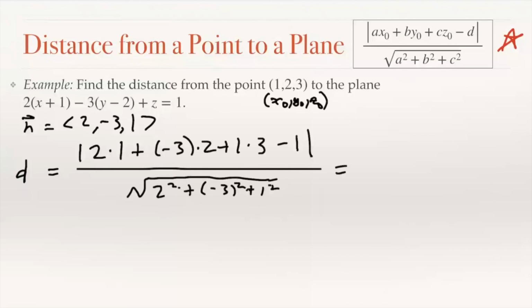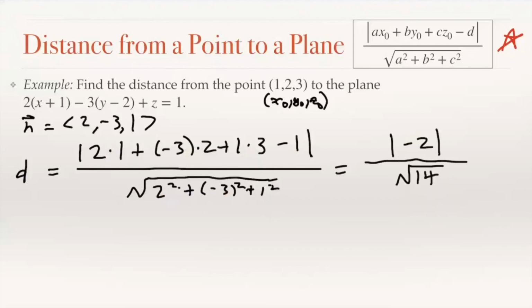Okay, so that is the absolute value of 2 minus 6 plus 3 minus 1, which is negative 2, all over the square root, that's 4 plus 9 plus 1, which is root 14.